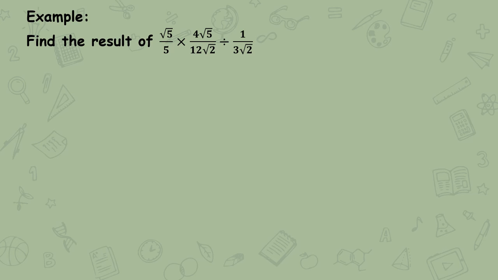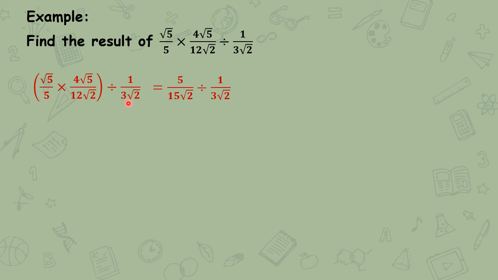Example: find the result of root 5 over 5 times 4 root 5 over 12 root 2 divided by 1 over 3 root 2. Put the first two numbers in brackets and do this operation first. Root 5 over 5 times 4 root 5 over 12 root 2 equals 5 over 15 root 2.